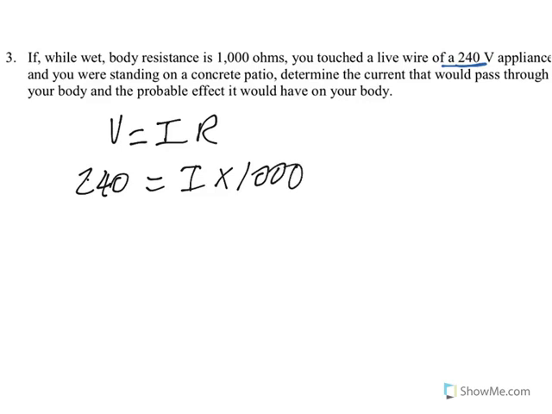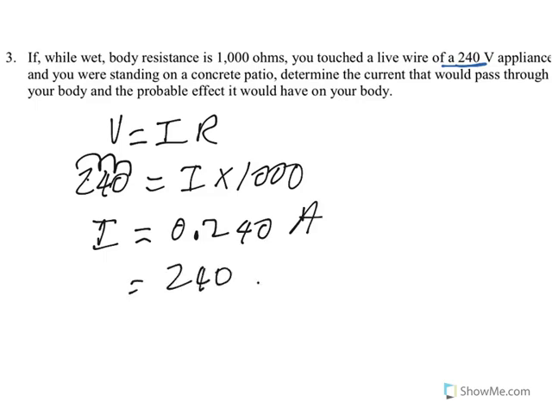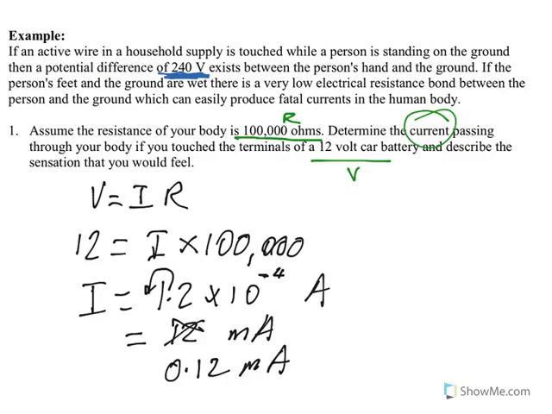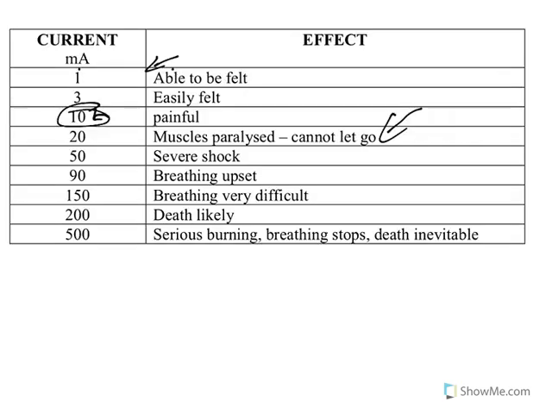And then when we do that, we get our current is 0.240 amps, which is 240 milliamps. And according to our table, down here somewhere, it's not going to be pretty.